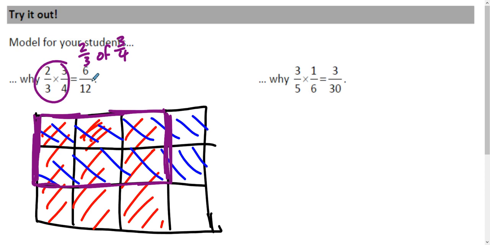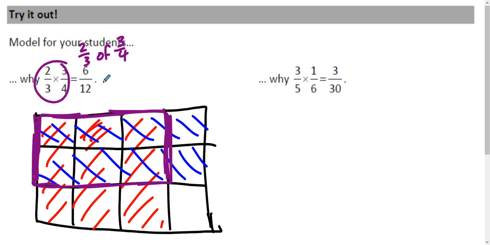So this is 6/12. Now, you and I learned when we were young that we multiply across the top and we multiply across the bottom, and that is true. And then the 6/12 reduces down to 1/2, and that is true.